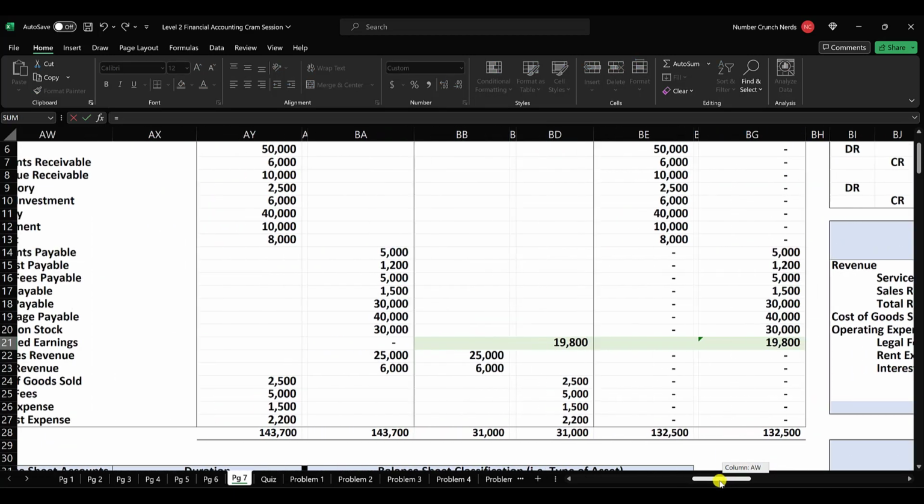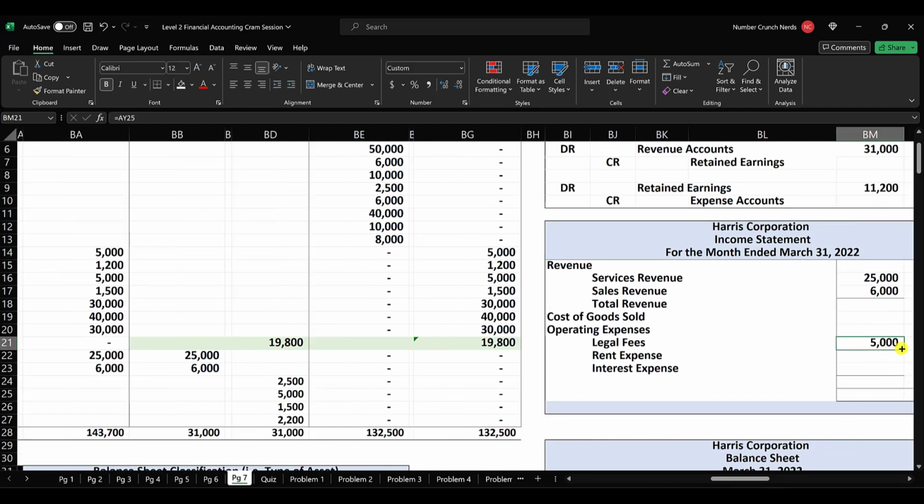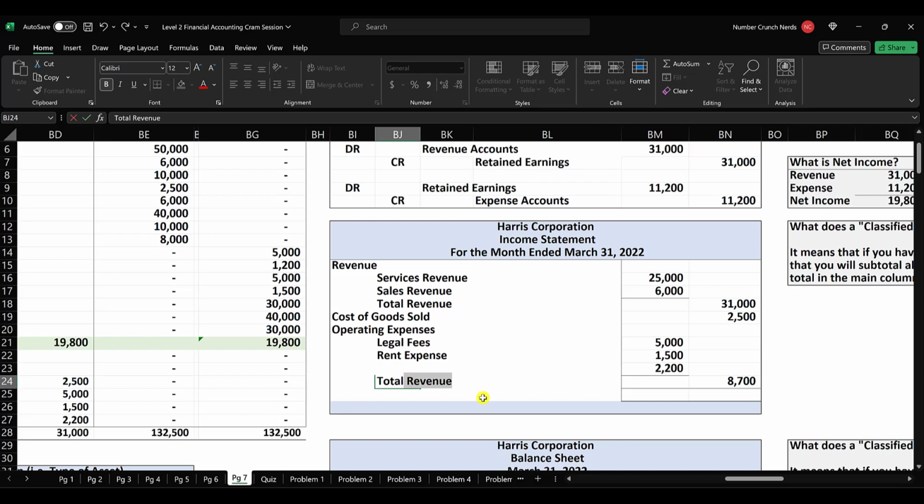I'm going to then slide over here. I'm going to grab the amounts of my legal fees, and then I'm going to just slide these down right there. And then I'm going to put a line to show that we're doing a summation here. I'm going to sum up these and get a total right there. And then the last line, we have to identify what this is. This is total operating expenses.